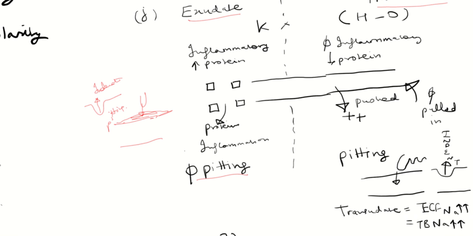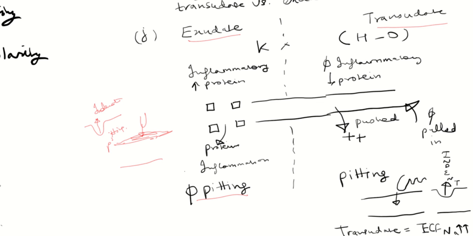Now, when you have transudate edema, remember, whenever you have fluid in the extracellular space, the interesting part is that the formula remains the same, which is K times H minus O. So K is the measure of inflammation. That's how I've defined it.